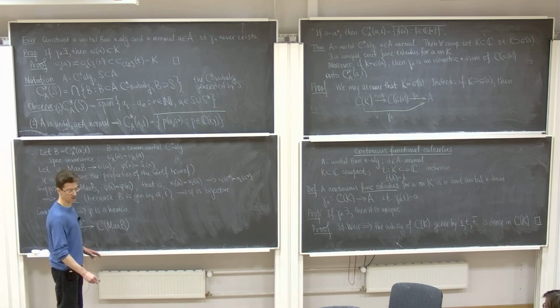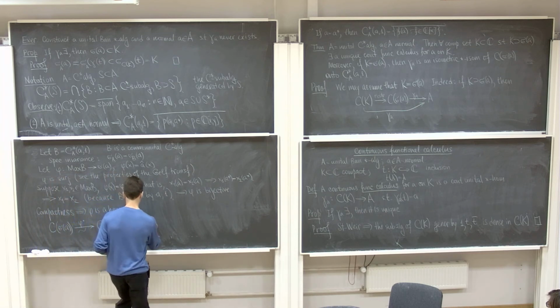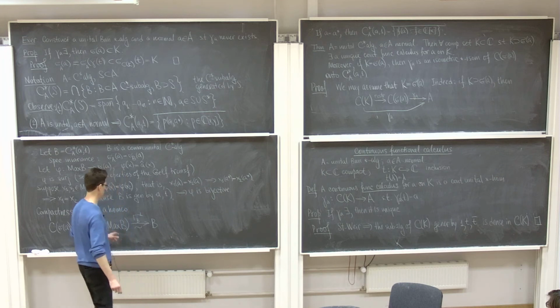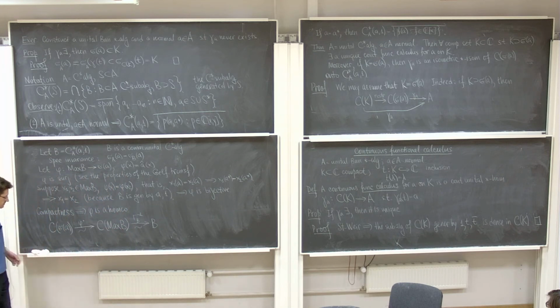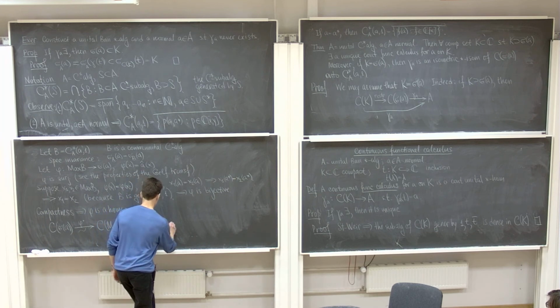This algebra is isometrically star isomorphic to B by means of the inverse of the Gelfand transform, gamma B inverse. Here we use the Gelfand-Naimark theorem. And B is contained in A, so we have the inclusion map here.